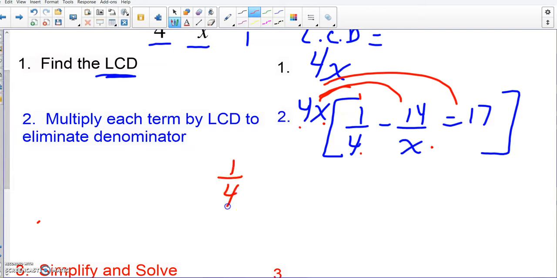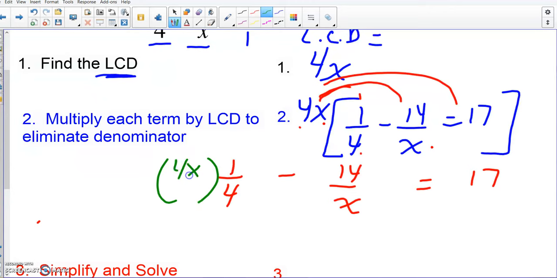Give me a minute. I'm going to rewrite the original equation with more space because I'm going to multiply every single term individually by 4x, the LCD. And if you want to be even more careful, you can multiply by 4x over 1.